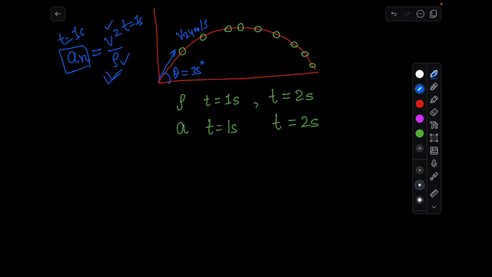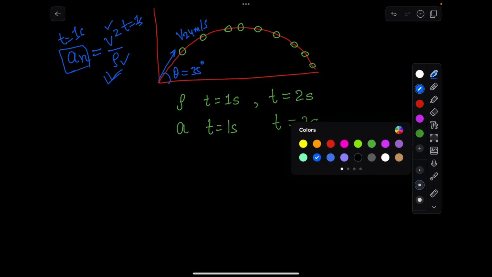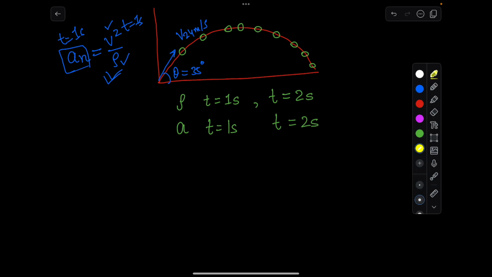But before we go to this, let's talk about one important concept here. Let's see, this is the maximum height of a projectile. If we have to draw the vector diagram before the maximum height, it will look like this.